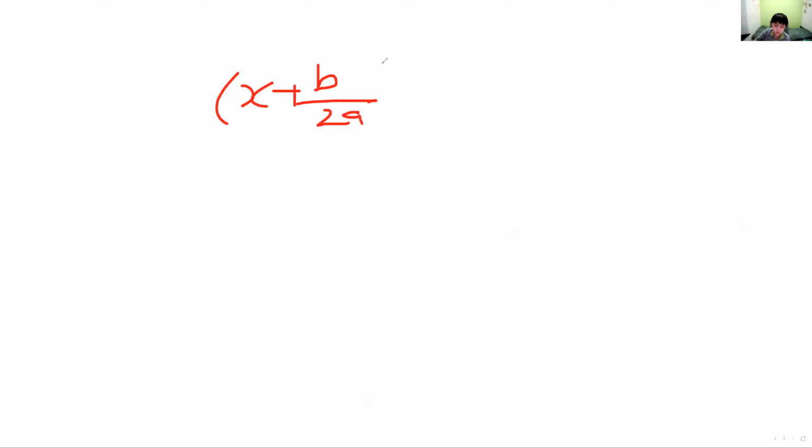And then for this one equals negative c divided by a, and then plus.